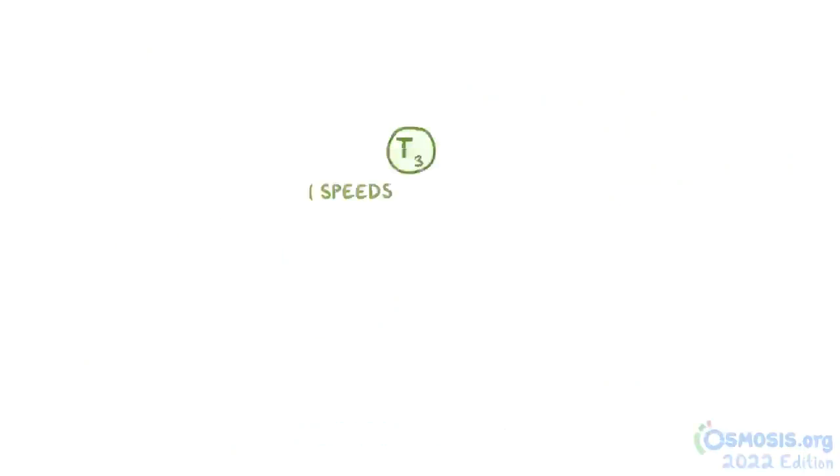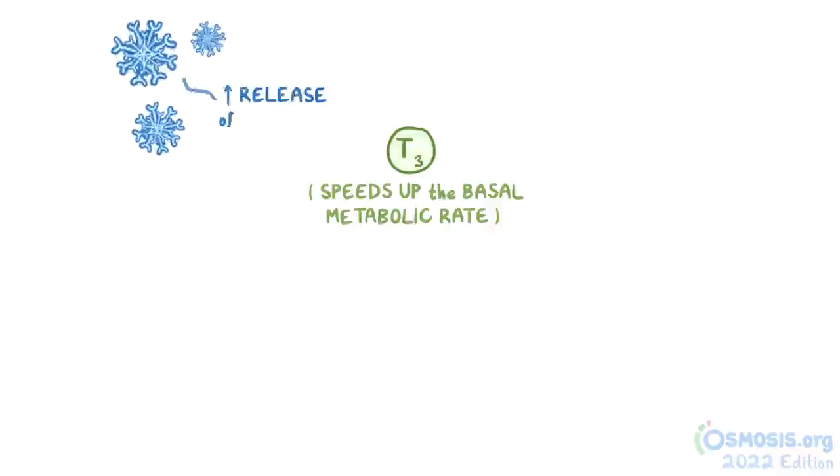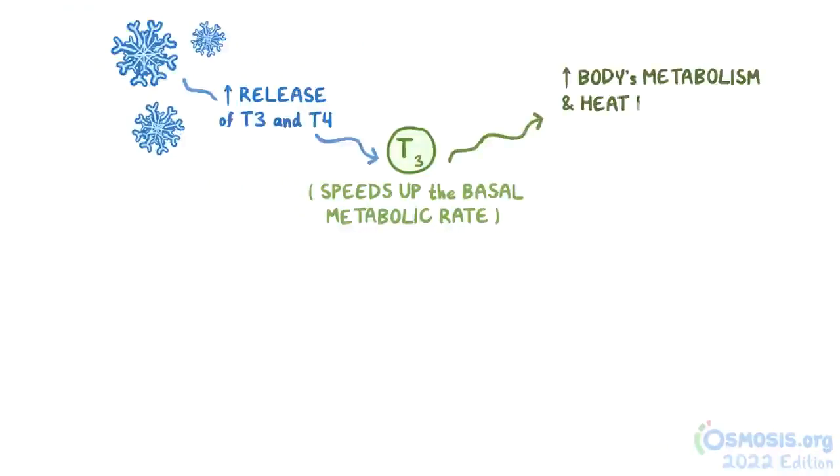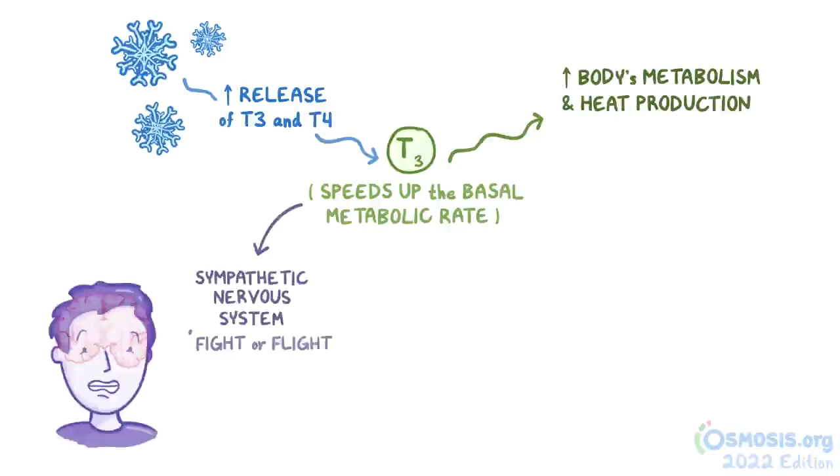T3 helps to speed up the basal metabolic rate, especially when we have to adapt to the environment. So, as an example, exposure to cold weather stimulates the release of T3 and T4, and they go on to increase body metabolism and heat production by burning up more energy in the form of sugars and fats. Thyroid hormones help activate the sympathetic nervous system, which is responsible for the fight or flight response.